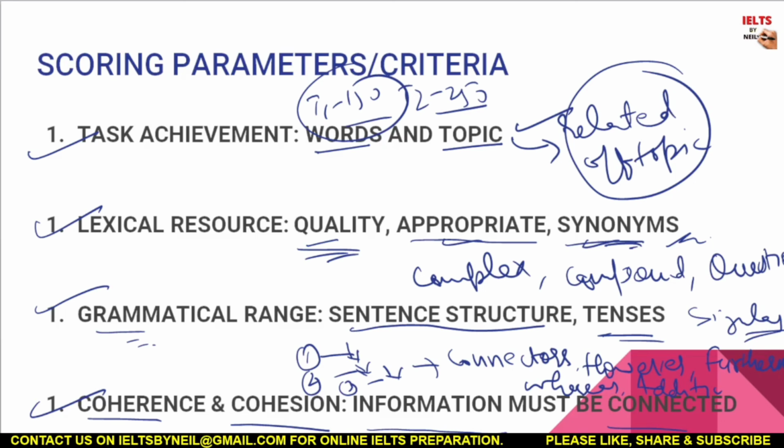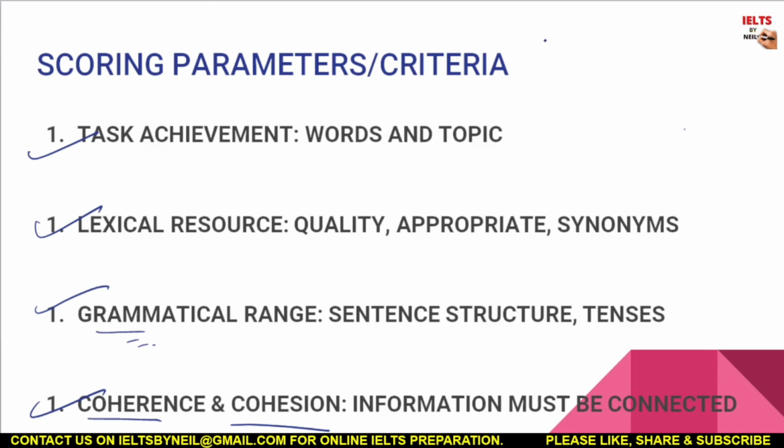So these are the 4 things that they are going to give you the score on. You have to take care of all 4 marking parameters while writing Task 1 and Task 2. I hope you have got a better idea about the IELTS writing section now. Just to go through again, the IELTS writing section has 2 tasks, Task 1 and Task 2.